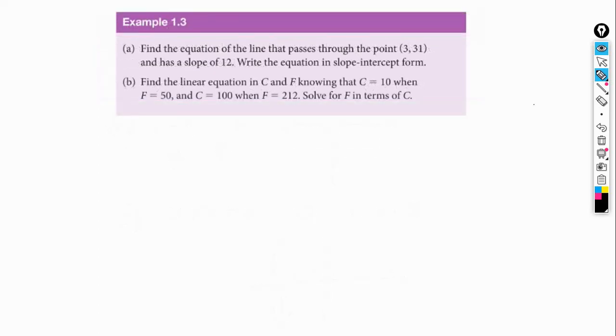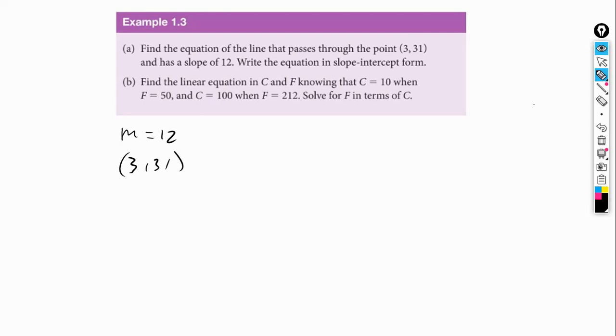All right, so now we are in example 1.3, and part A says, find the equation of the line that passes through the point 3, 31 and has a slope of 12. So we have a slope of 12, m equals 12, and we have a point which is 3, 31. So if they give us a point and a slope, it's easy to use the point slope formula.